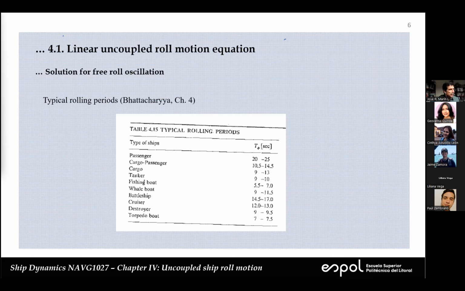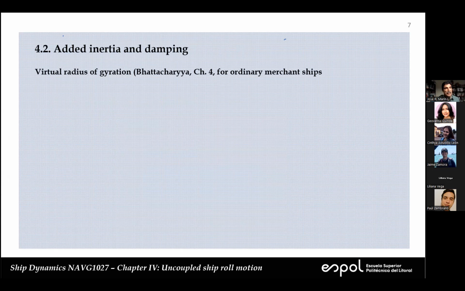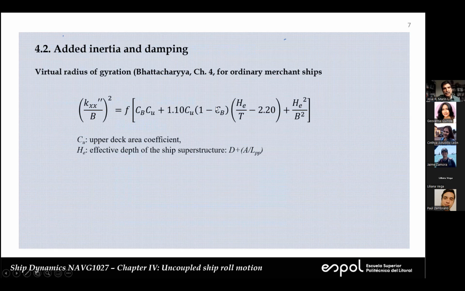Now let's go on. We're going to say a couple of words about the next component, which is the virtual radius of gyration. The formulation is in Bhattacharya, chapter 4. This is specifically for ordinary merchant ships.